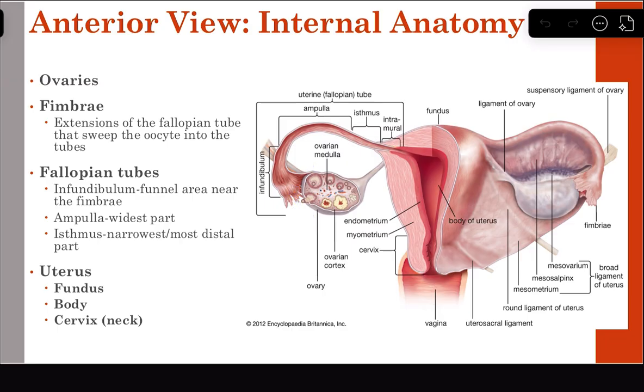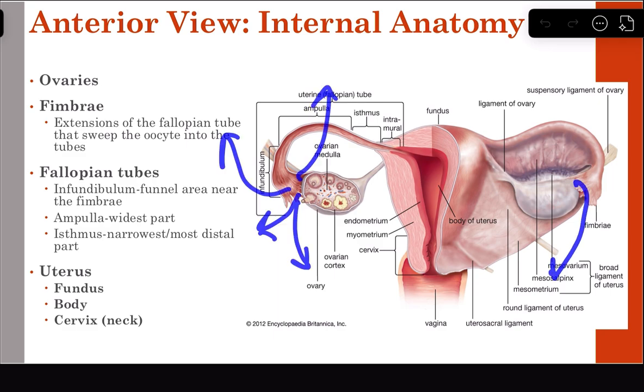Because of this open passageway between the female reproductive organs and the peritoneal cavity, reproductive system infections like gonorrhea or other STIs, sexually transmitted infections, also called STDs, the older term, sexually transmitted diseases. STIs is a little bit more modern, but because of that open passageway, these STIs, like gonorrhea, for example, can cause widespread inflammation of the pelvic viscera, of the organs in the pelvis.